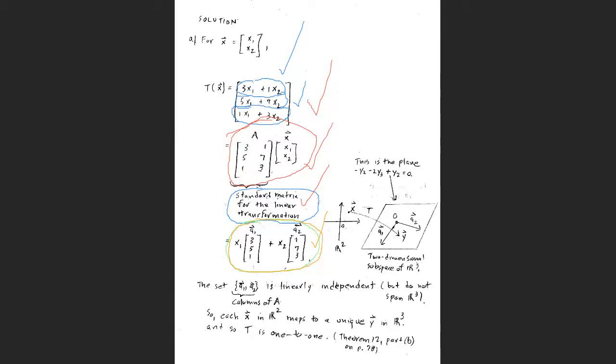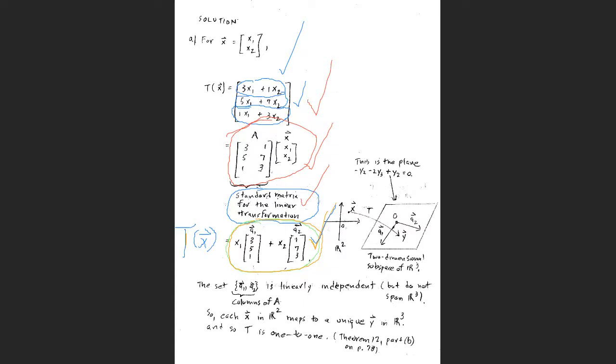So why does this help us? Again, we're trying to see if this transformation is one-to-one. How does writing the transformation as this linear combination of the column vectors of the matrix A help us see that this linear transformation is one-to-one?